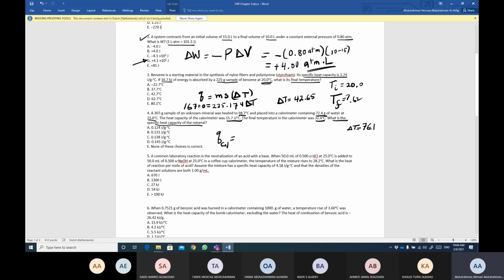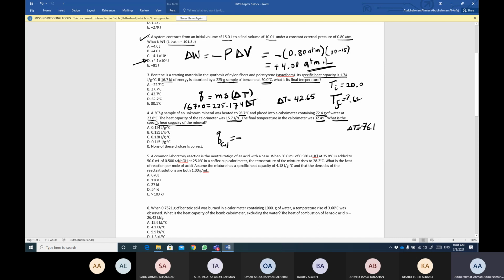The delta T will be negative in this case because it's for the calorimeter. But I want at this time just delta T, okay? Because the calorimeter will absorb the heat, so it will be minus. So from now I can put it minus and everything will be positive, or actually we can say minus times minus here. And then this will give us the amount of heat.